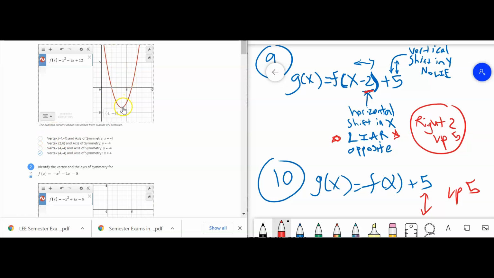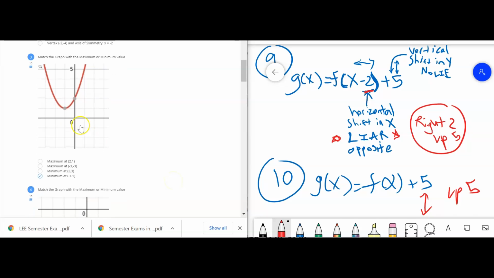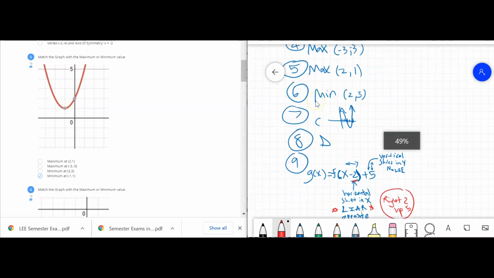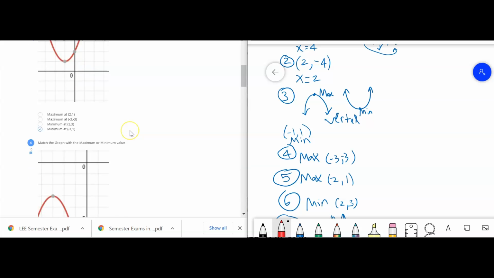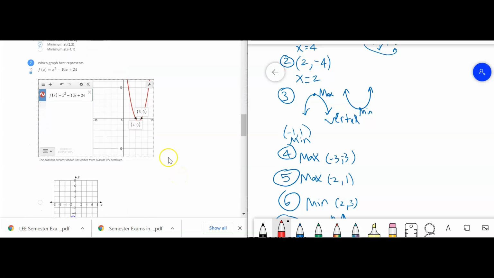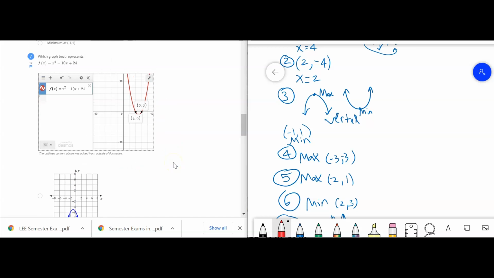Vertex is where the direction changes. Axis of symmetry is x equals the x value. Okay, same thing down here. This is static, but it's the same idea. And then remember, max is at the top of a hill, and minimum is at the bottom of a hill, right? Which we learned right here on number 3. Same with number 4, 5, and 6. 7's like number 1 and 2, except you're matching to graphs.